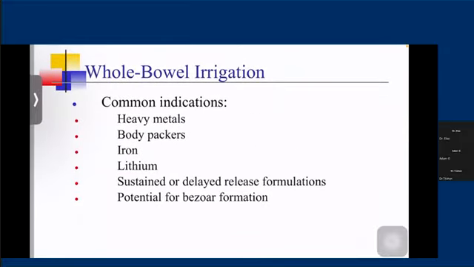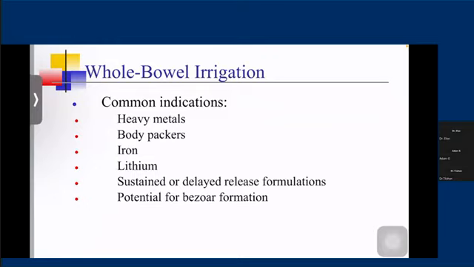The common indications for whole bowel irrigation, especially for body packers, people who transport abused substances by ingesting them. With these body packers, what we usually do is just irrigate the GI.